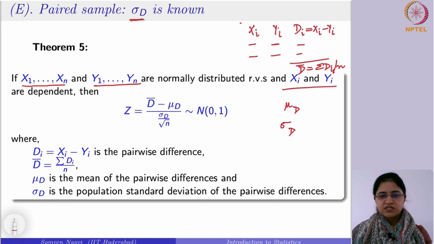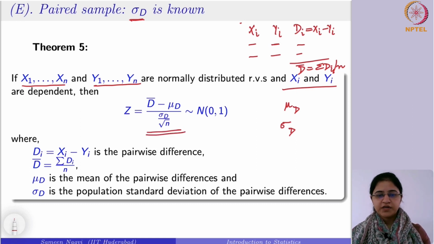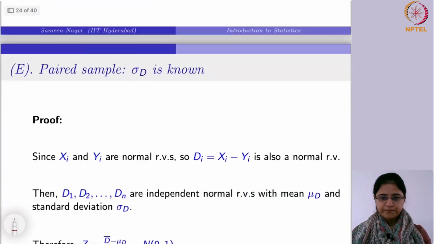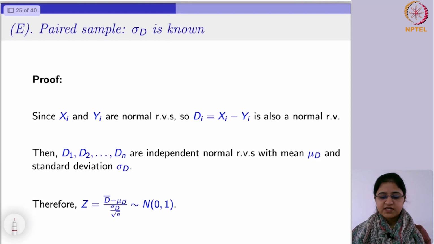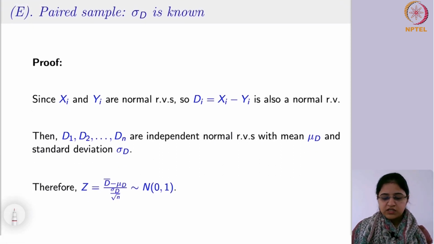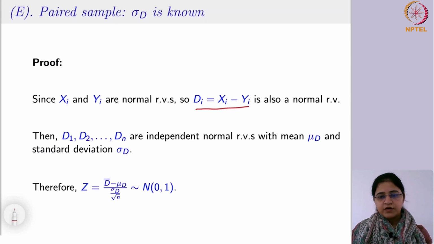Then in this case, the statistic is going to follow normal 0, 1. So let us see why this is happening. Since your xi's and yi's are normally distributed, this linear combination would also be a normal random variable.